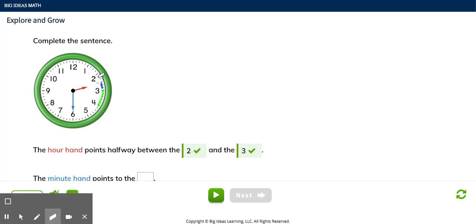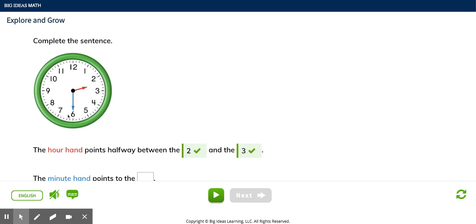All right? Now, where is our minute hand pointing? Well, I can actually erase my lines here because we don't need those right now. Where is my minute hand pointing? Remember, this is my hour hand. It's pointing halfway between the 2 and the 3.